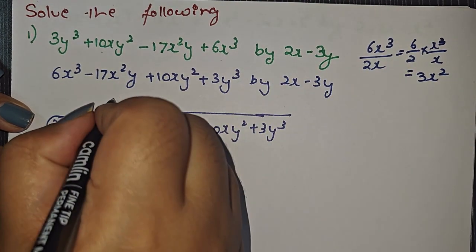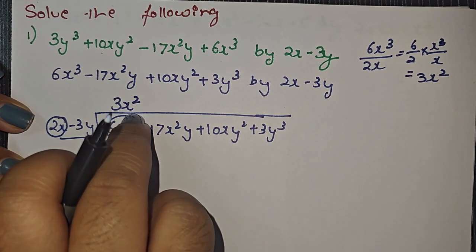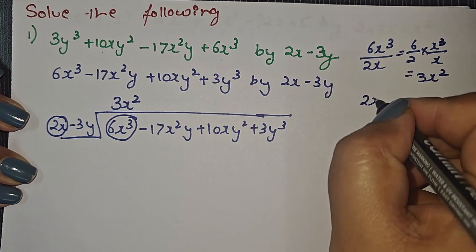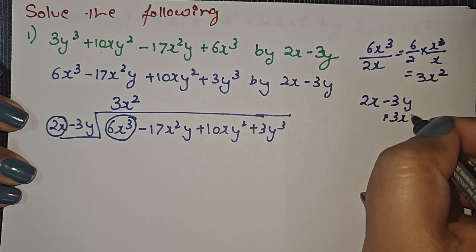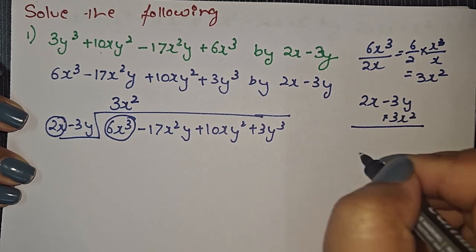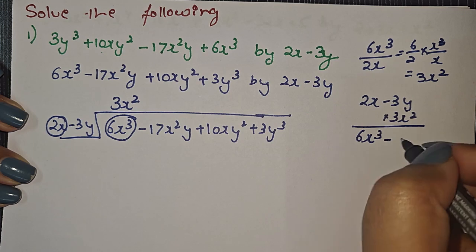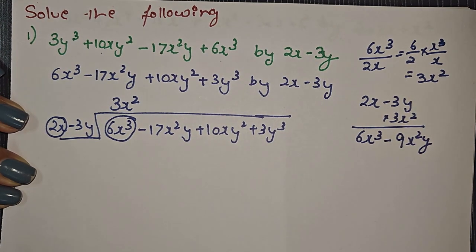So we will write 3x square here. Now this 3x square we will multiply by this whole term. We have 2x minus 3y into 3x square, which will be 6x to the power 3 minus 9x square y.